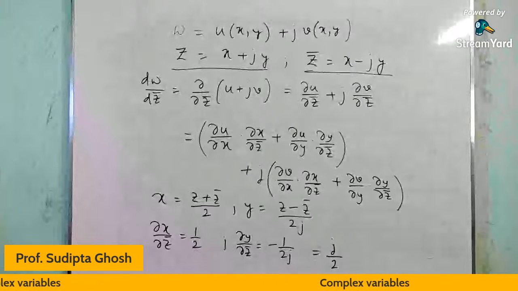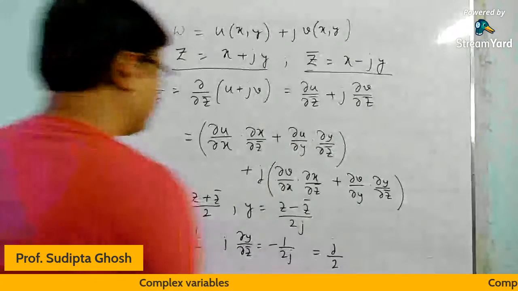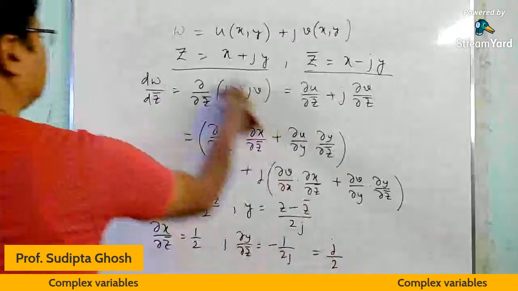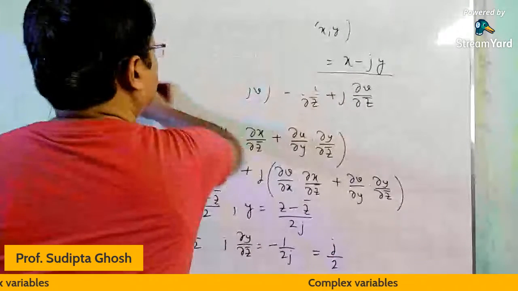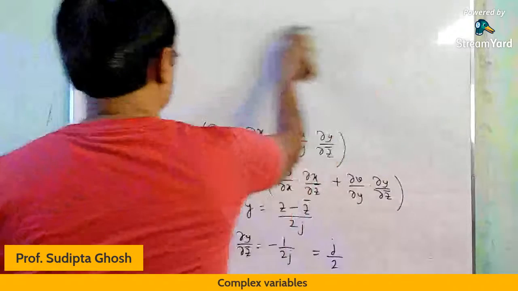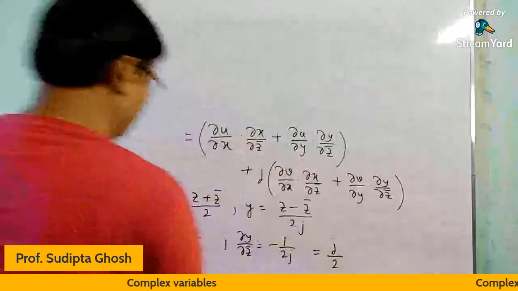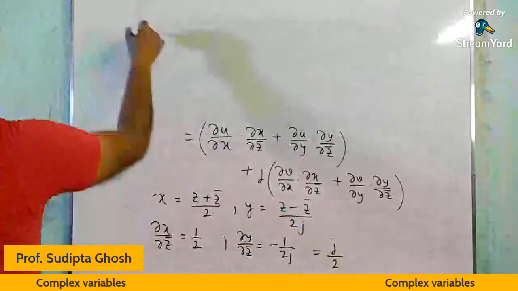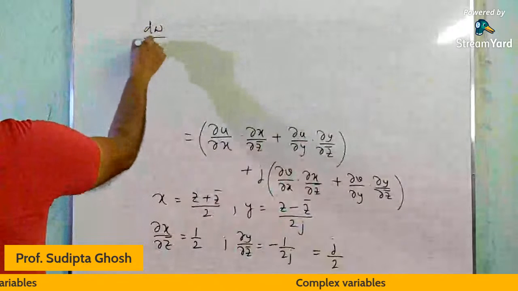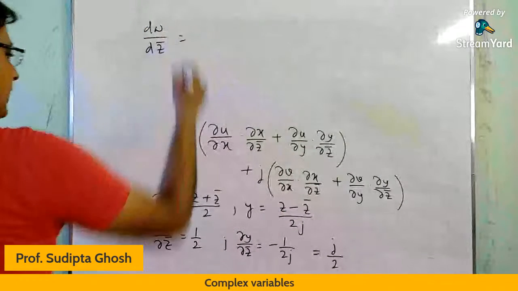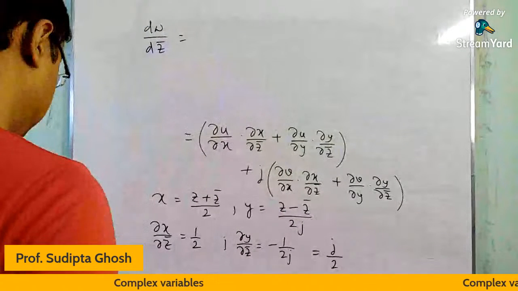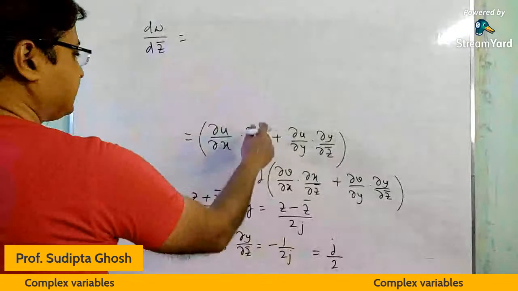So we have ∂w/∂z bar. Putting these values here, it will be ∂u/∂x times ∂x/∂z bar.